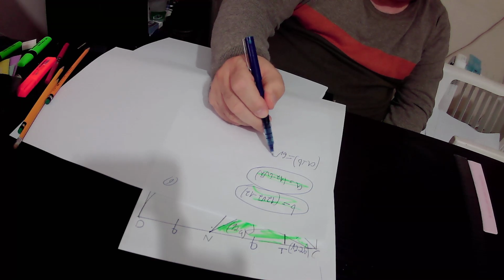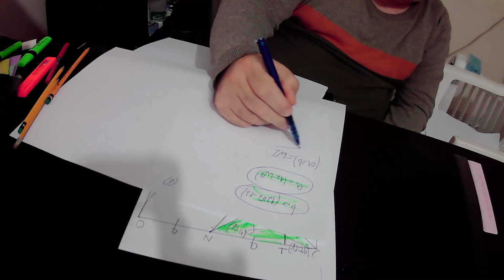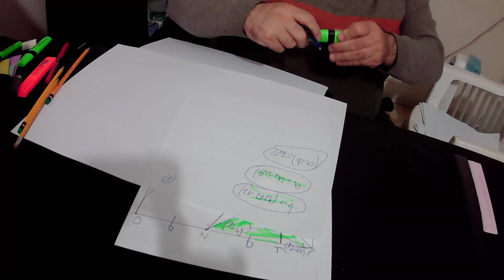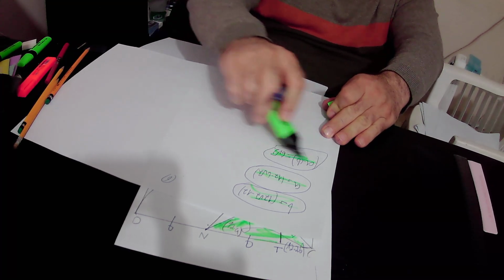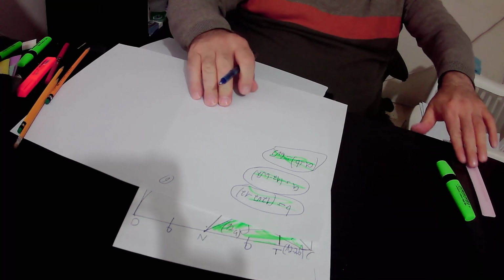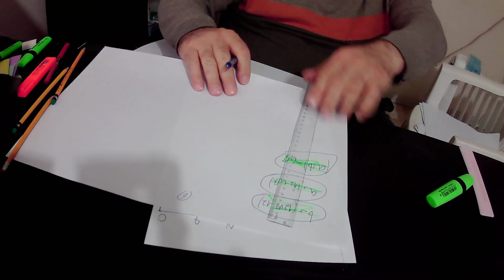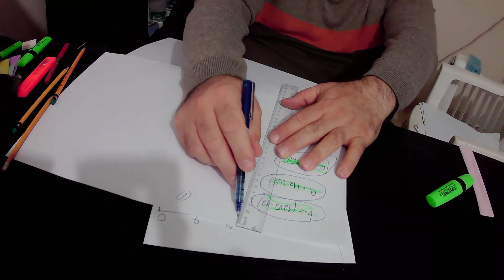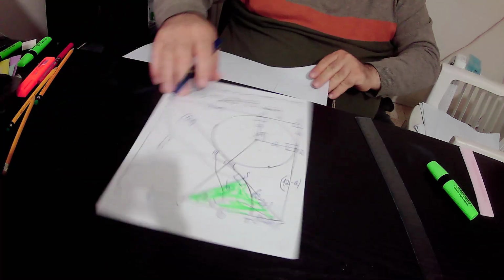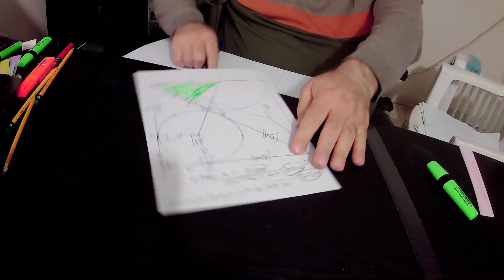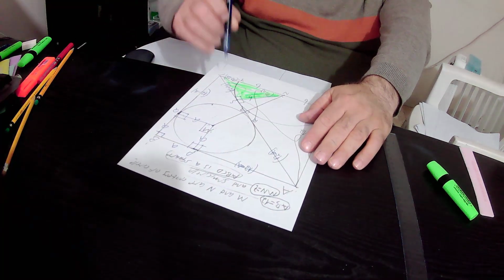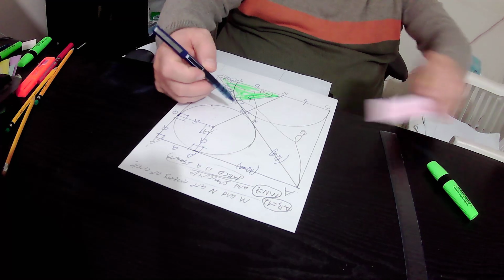So in conclusion, we found out that a plus b equals 6 times square root of 2 units. In the next step, we will join points M and R together by a straight line.